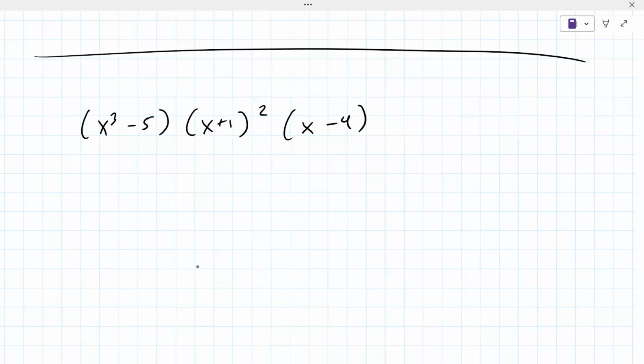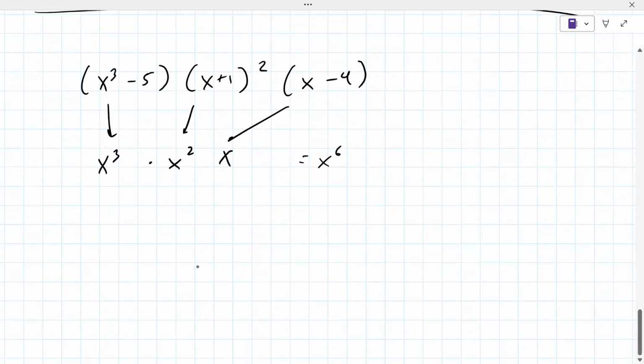All right, so I got x to the 6. So we have an x cubed, we have an x squared, and then just an x. Good. So that gives you x to the 6th, and then you can figure out the end behavior from there.